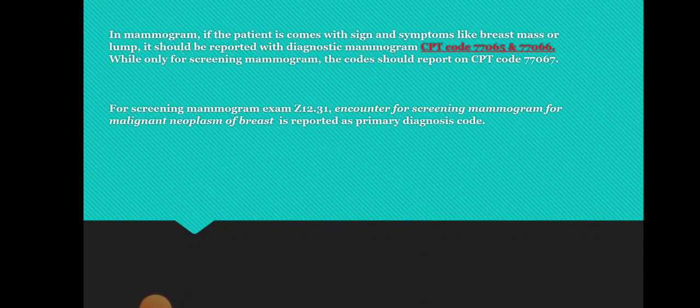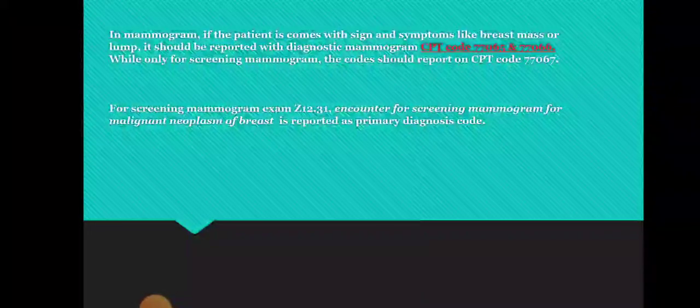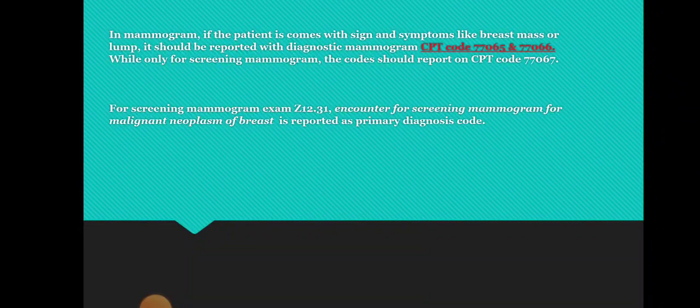That is the only difference between them, but both are used for diagnostic mammogram. While for screening mammogram, the code should be reported with CPT code 77067. So these are the three codes. Two codes are used for diagnostic mammogram, and one code, 77067, is used for screening mammogram.